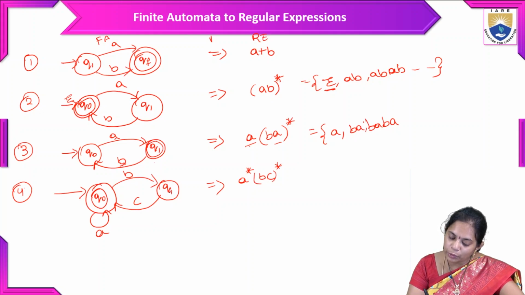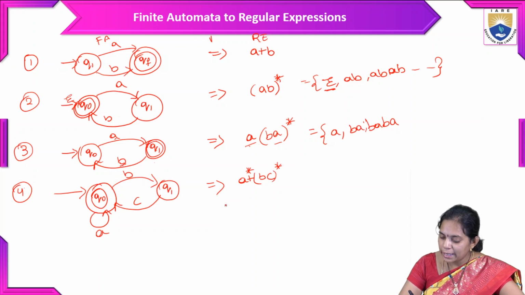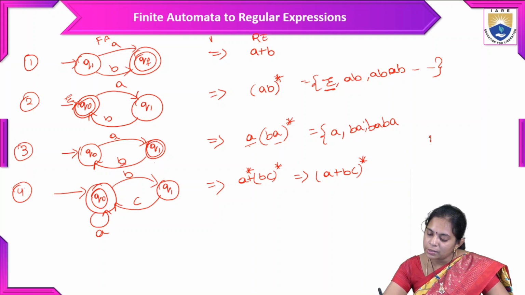Here we have two options: one is A star, reaching the final state, and BC, also reaching the final state. So I can simplify this and write it as A plus BC whole star, according to the identities: R star plus R star is equal to R plus star, like this.